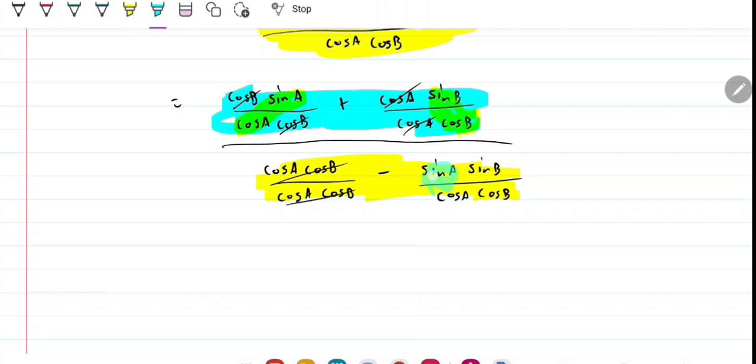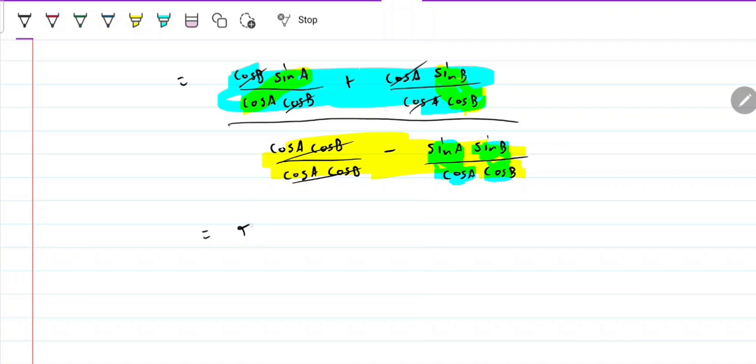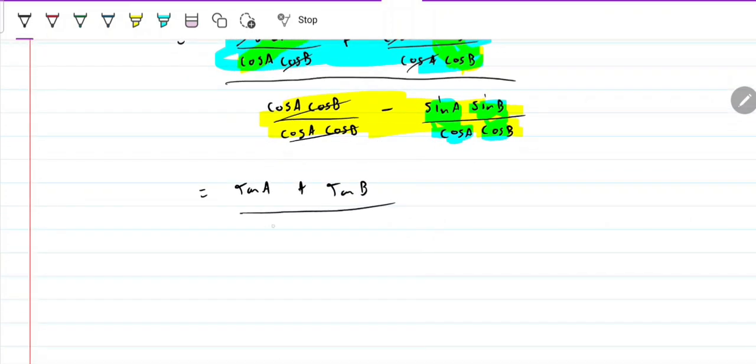And here I have sine A over cos A and sine B over cos B, right? And we know that sine over cos is tan. So I start bringing in the tan now. Sine A over cos A is tan A plus sine B over cos B is tan B, divided by, this is 1, right?